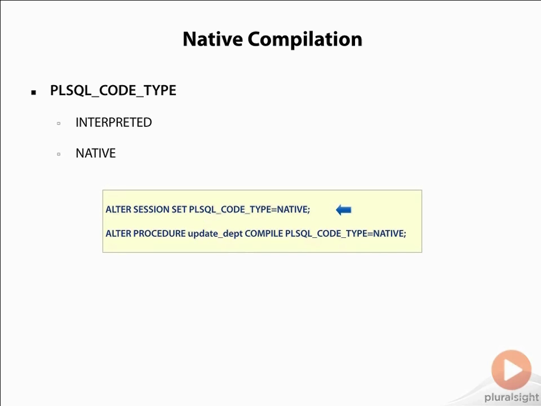After this, all the program units compiled in this session will be natively compiled. You can also compile an individual unit natively if you want to. So, alter procedure update dpt compile PLSQL_CODE_TYPE equal to NATIVE will compile update dpt in the native mode. So this is a good setting to use while compiling to make your code faster and more performant.